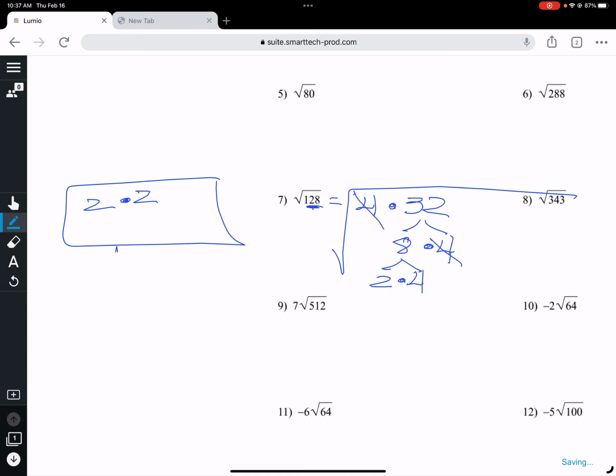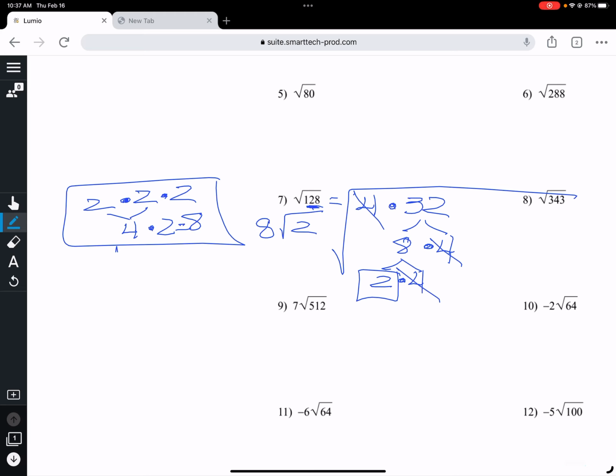What's removed? 4. What does it become? 2. Now, 2 times 2 times 2 is not 6. Don't go 2, 4, 6. 2 times 2 is 4. Times 2 is 8. What's left inside the house? 2. The 2 right here. So your answer will be 8 radical 2.